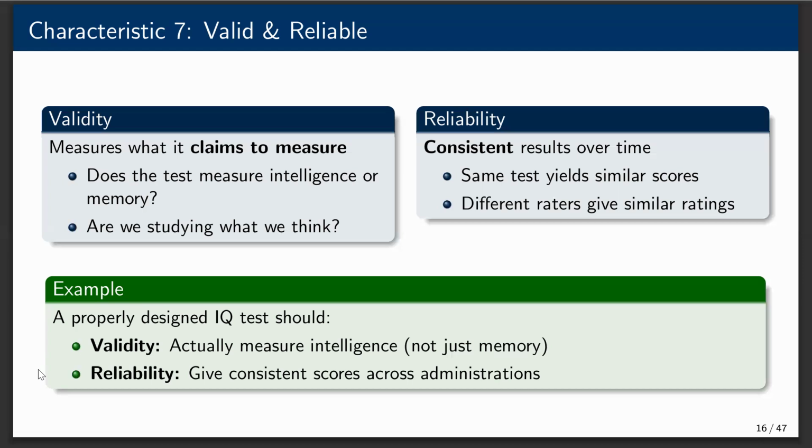Same test yields similar scores. Different raters give similar ratings. Then only it will be reliable. Example, a properly designed IQ test should have validity, actually measure intelligence, not just memory. Reliability, it should give you consistent scores across administrations.